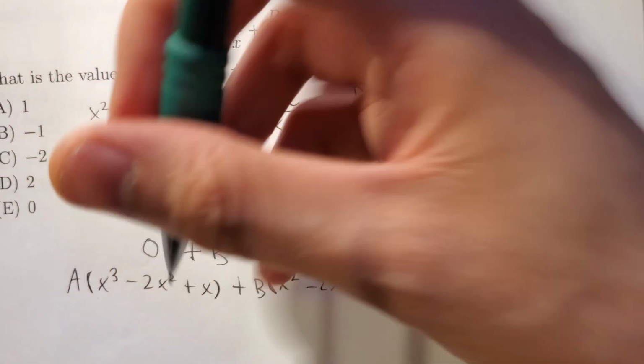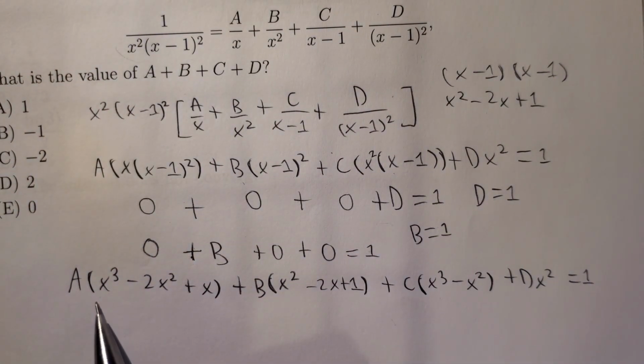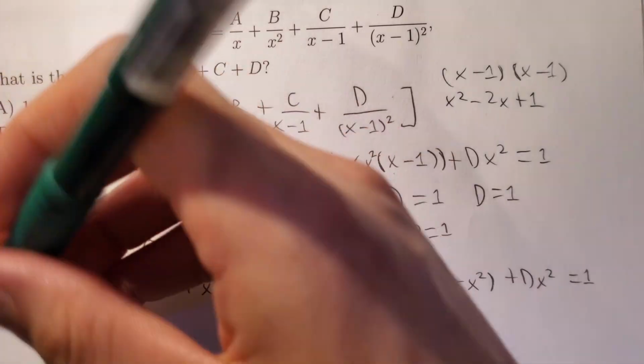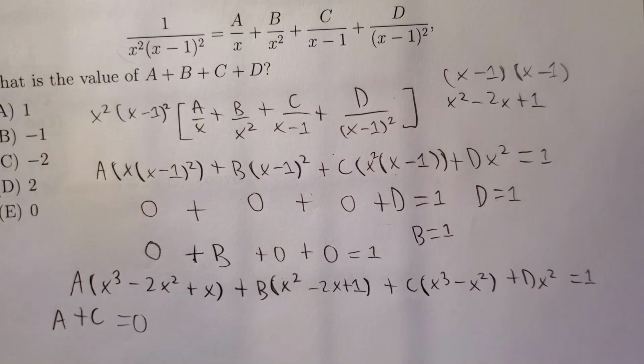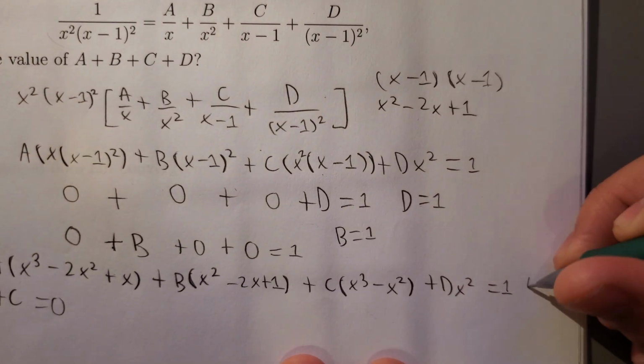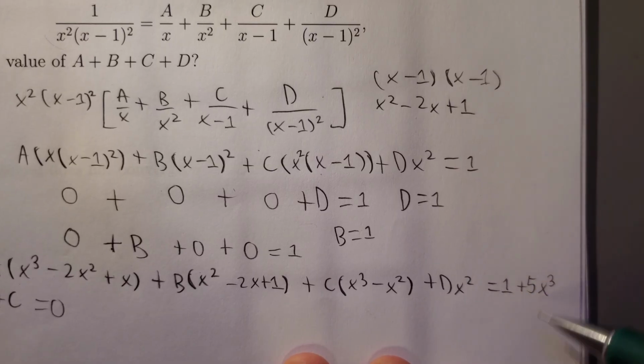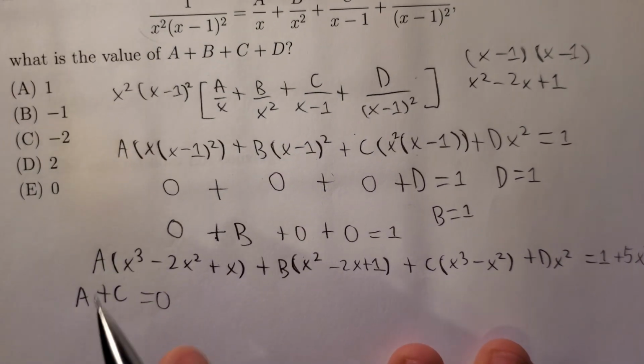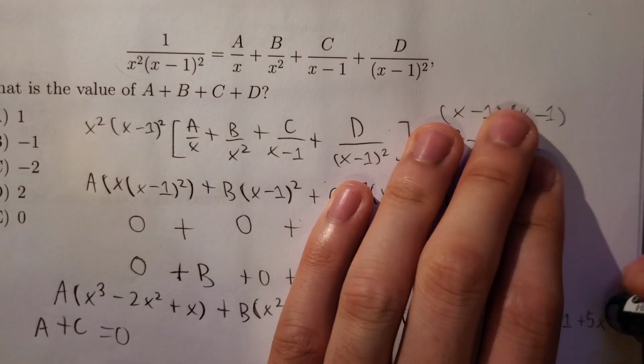So here I'll start with we have an ax cubed term and a cx cubed term. So a plus c would be equal to 0 because there's no x cubed term here. If there's something like a 5x cubed here, then a plus c would be equal to 5.